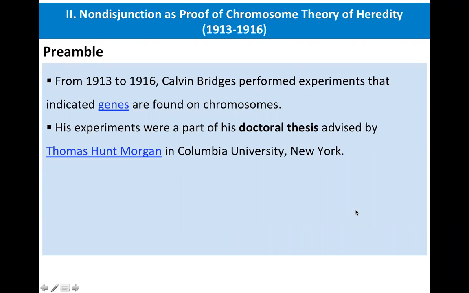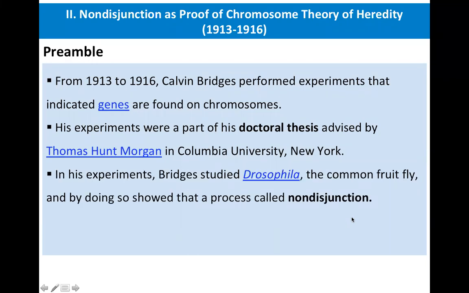In fact, the non-disjunction theory was his doctoral thesis research problem. He did his PhD under the guidance of T.H. Morgan at Columbia University in New York City, United States of America.